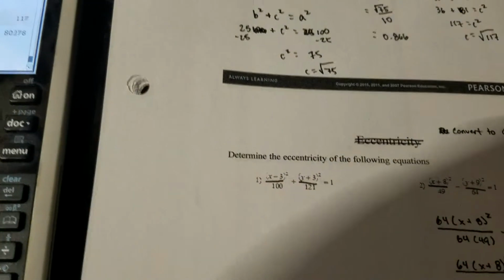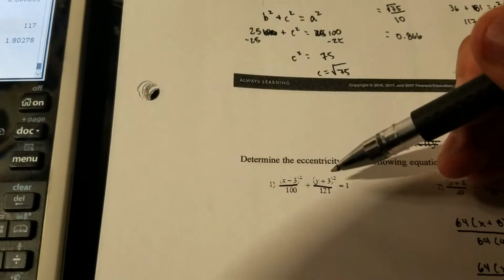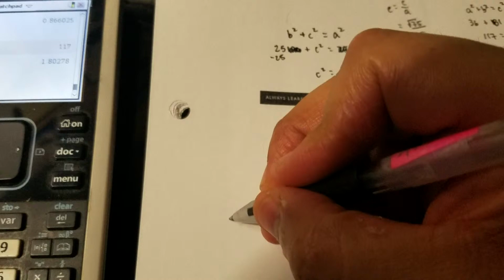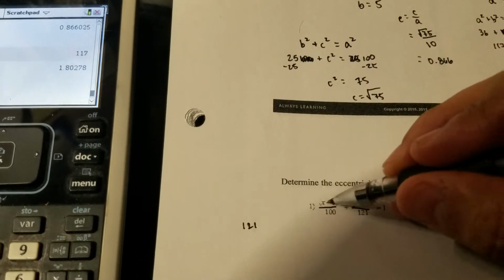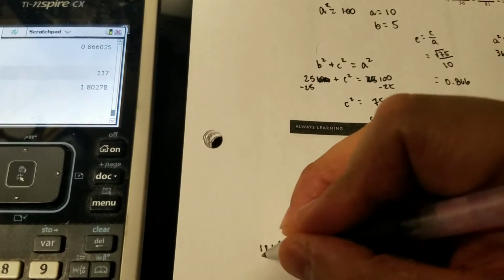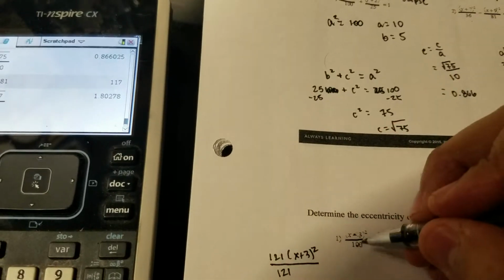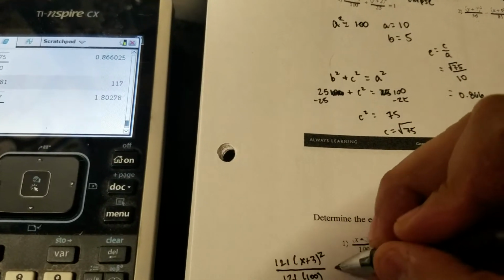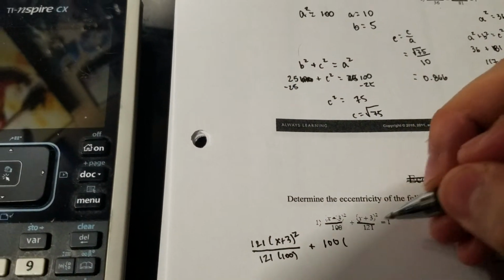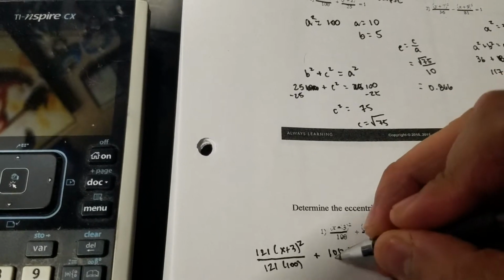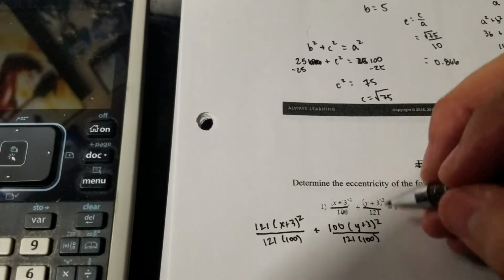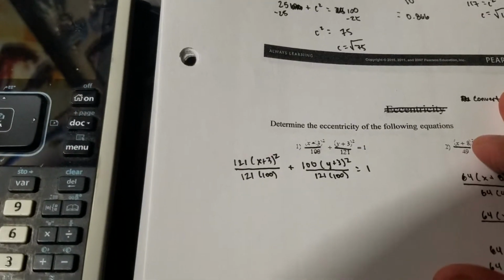So here, what I would do, guys, and the numbers won't be this big on the test, just so you know. I cannot add these two values because I have different denominators. But what I could do is multiply this value by 121, since right now there's 100 down there, and multiply this one over here by 100. Then I would have the same denominator, and then I could add the top parts.